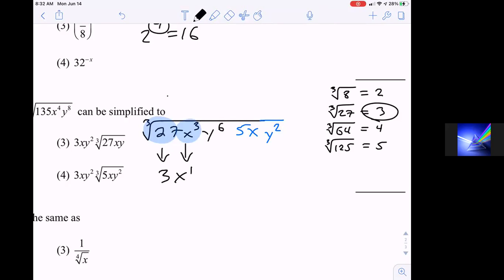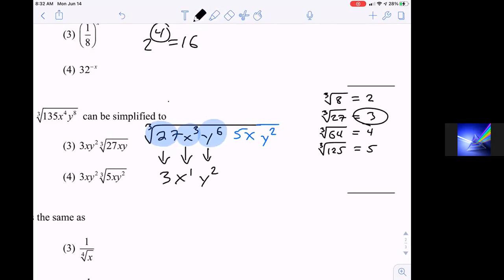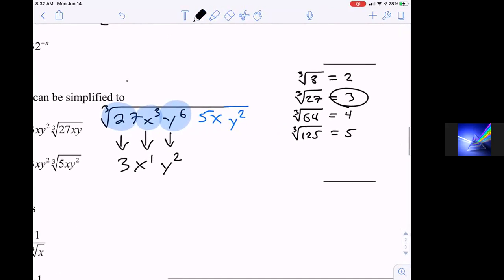So x to the 1, and then we take the cube root of the last one, which is y to the 6th power. 6 divided by 3 is 2. And then everything in blue is what I can't take the cube root of, so it stays under the radical. Make sure we write a cube root here, 5x y squared, and I don't need the 1 right there.